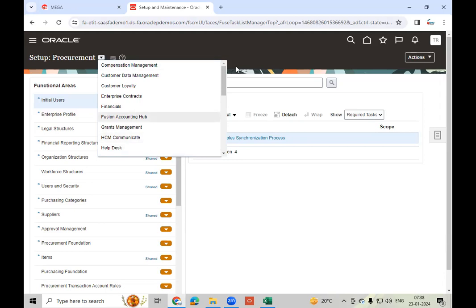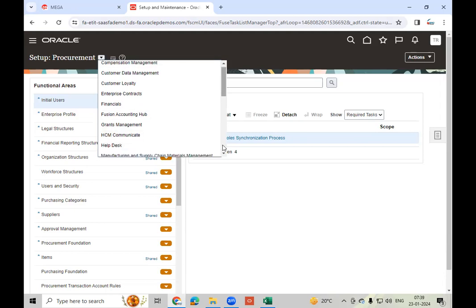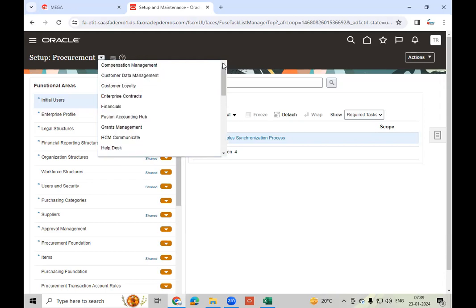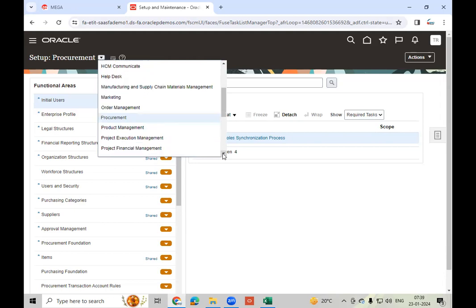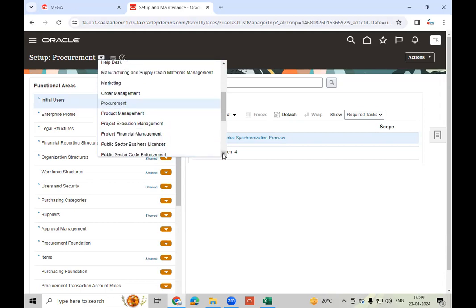Also in real time, you will not enable each and every offering. Suppose we have a subscription or license only for particular offerings, for example, financials, order management, procurement, product management, and project financial management, only these four or five.